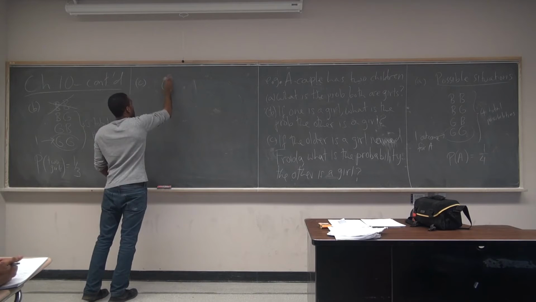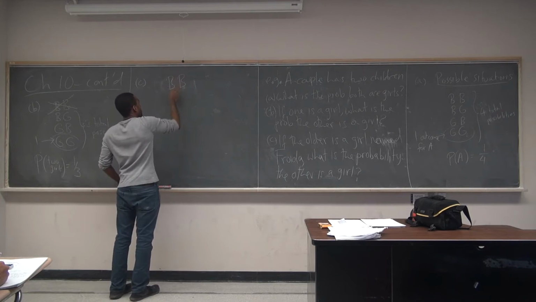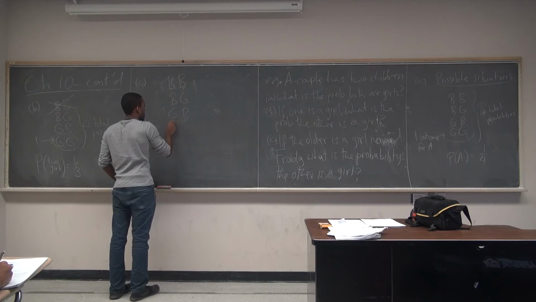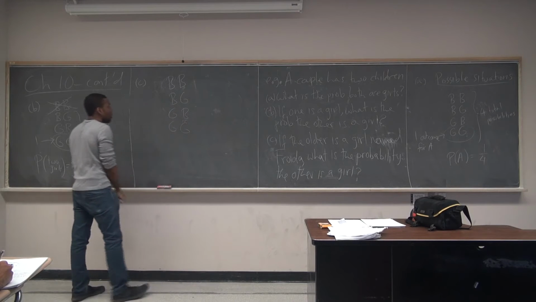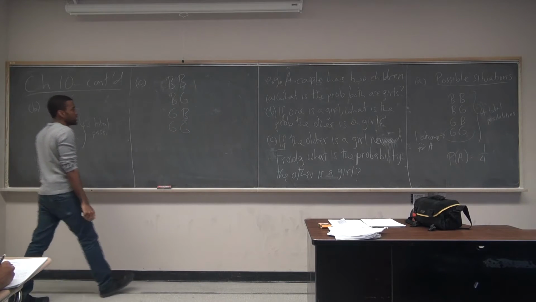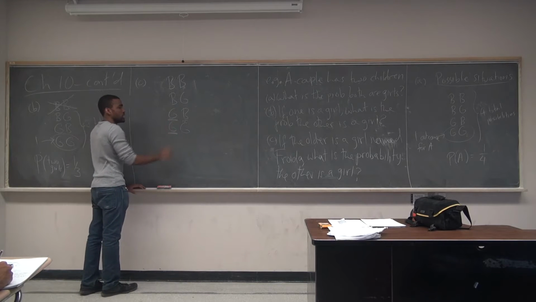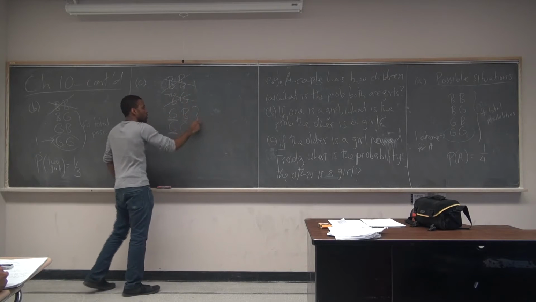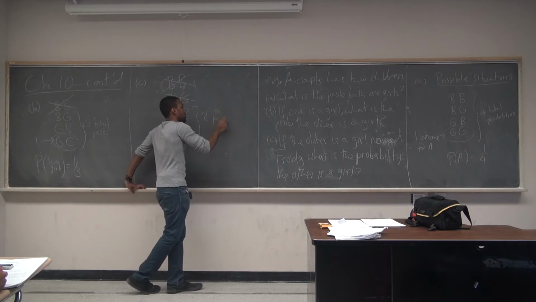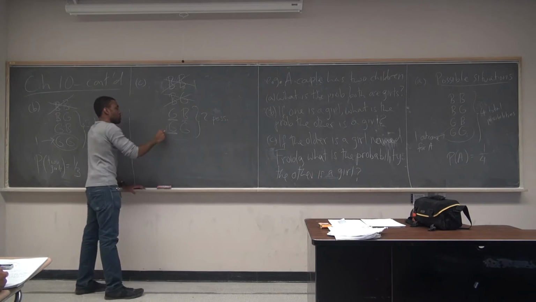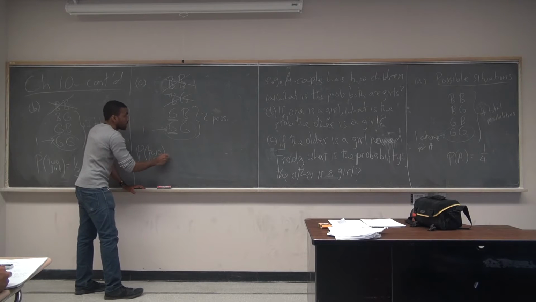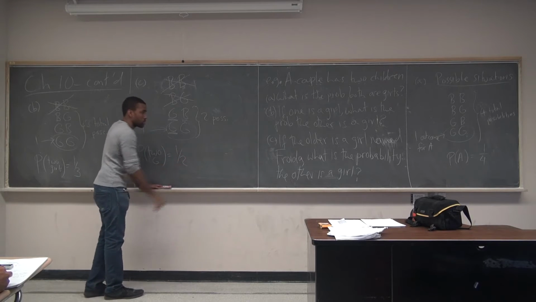So if you have boy, boy, boy, girl, girl, boy, girl, girl, we know that the older one is a girl, which means the first position must be a G. Which means boy, boy and boy, girl are no longer possibilities. Now there are only 2 possibilities, and only one of them has both girls. So the probability of having 2 girls in this case is 1 out of 2, right?